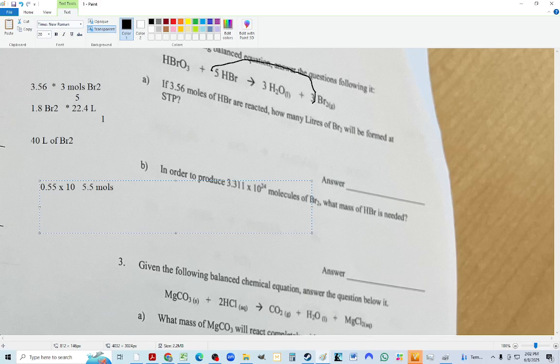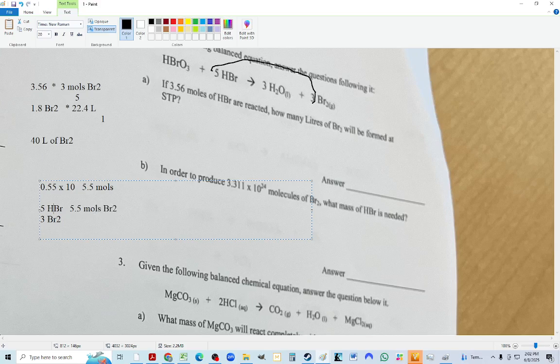Then you have to figure out how much HBr is needed for every Br2. Well, it's 5 HBrs needed for every 3 Br2s according to the formula. So you have to multiply it by this, which is how many moles of Br2 I have.